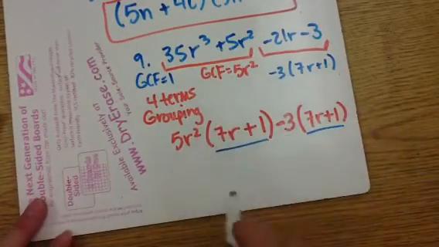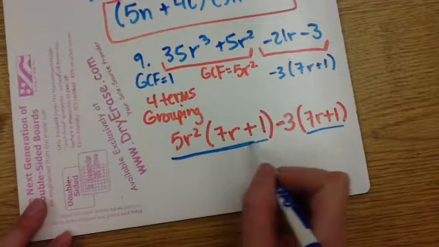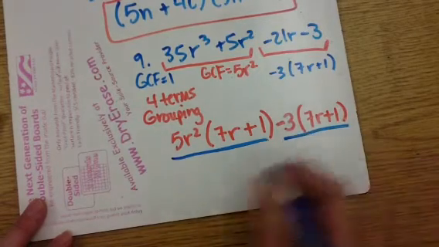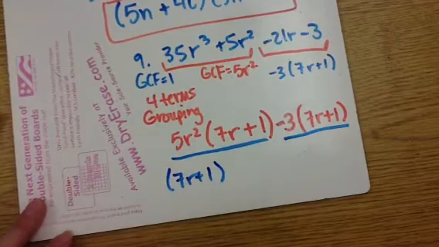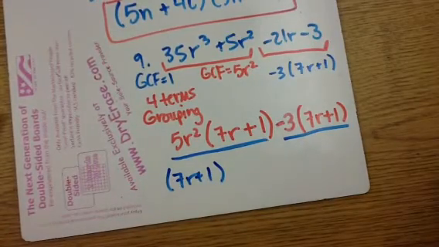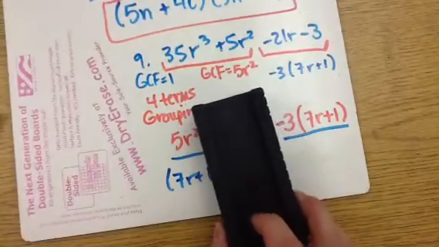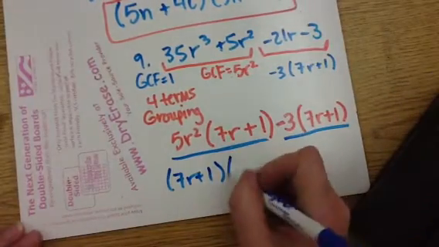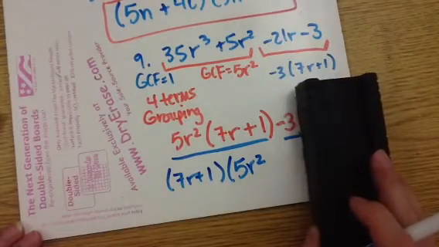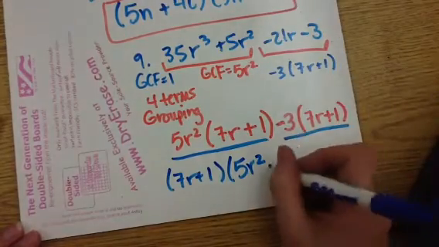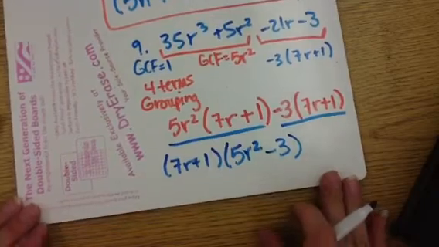So the common factor between this term and this term is 7r plus 1. So I take out 7r plus 1, and when I take that out, what's left in the first term is the 5r squared, and what's left in the second term is negative 3. So it will be 5r squared minus 3.